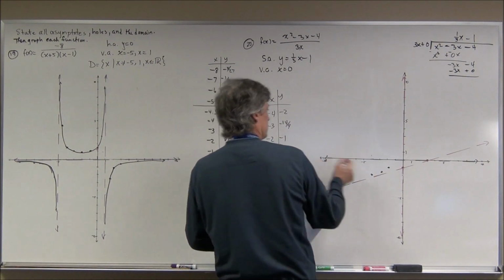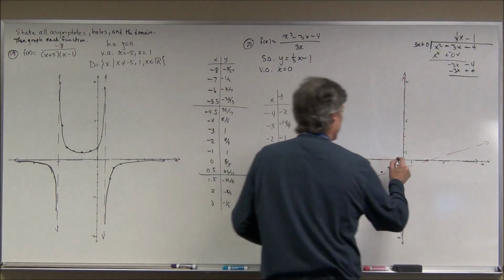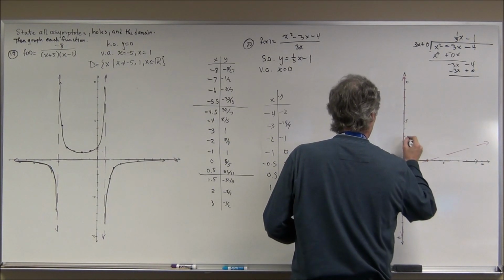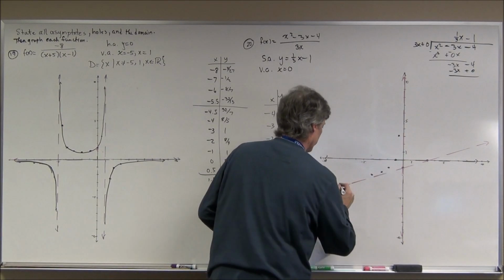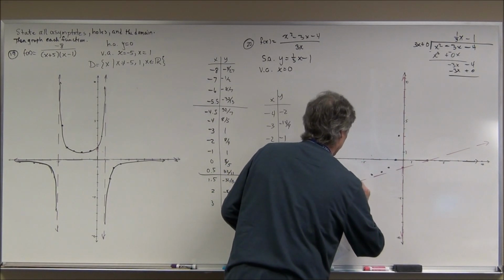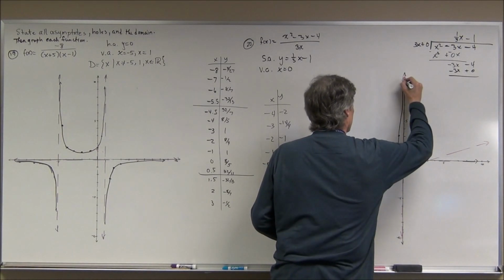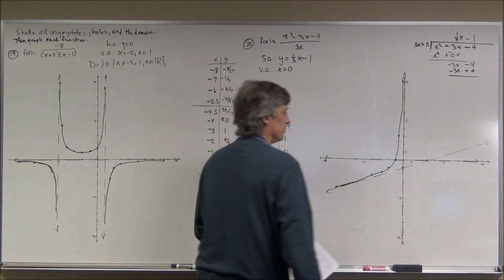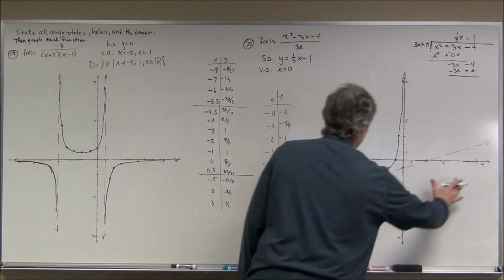Then I have negative 1, 0, that's right here. And then negative 1/2, 3. Be about here. Do you see your curve here? It's hugging it, not touching it. And then it kind of bends right up there and gets closer and closer and closer. So I'll bet you a quarter that the rest of my graph's over here.